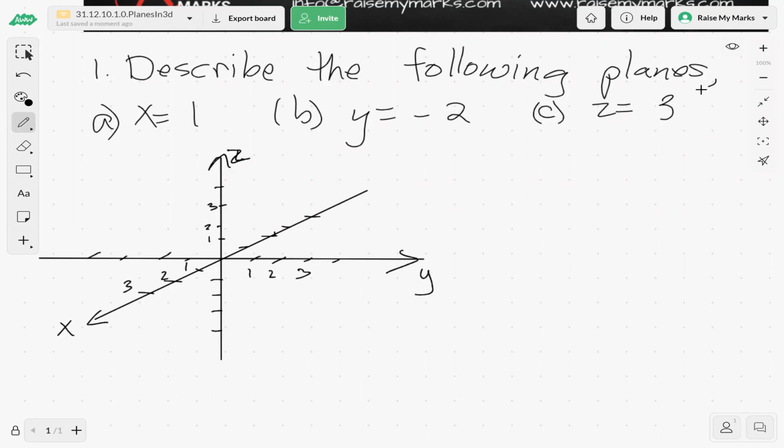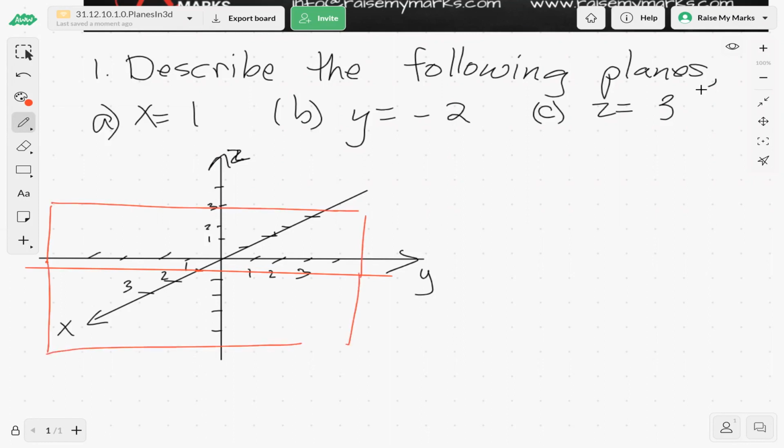Okay, so now x equals 1, so that's here. So x equals 1 along this is just a line along this line here. But we can extend it, this is actually a plane. It goes vertically as well.